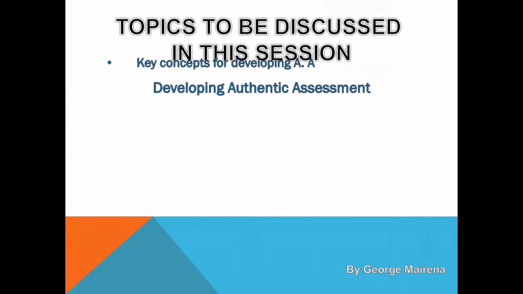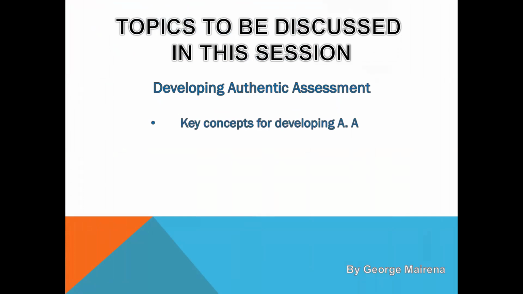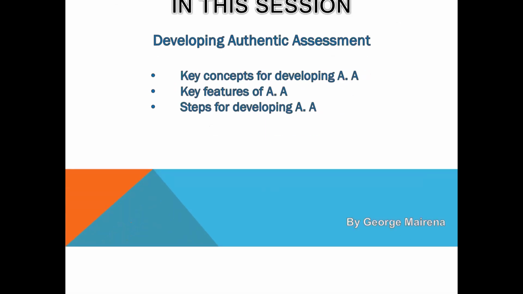So the topics that we're going to cover in these sessions are, as I told you at the beginning, the development of authentic assessment. We're going to discuss the key concepts when developing authentic assessments, some main characteristics of this kind of assessment, and the steps when defining one.